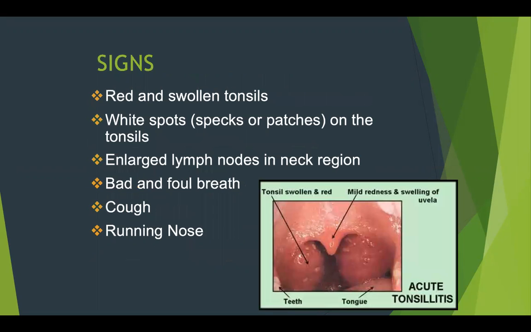Signs: you can see red and swollen tonsils, white spots, specks or patches on the tonsils, enlarged lymph nodes in the neck region, bad and foul breath, chances of cough and running nose.